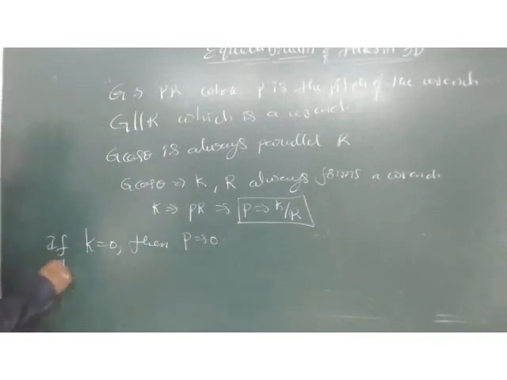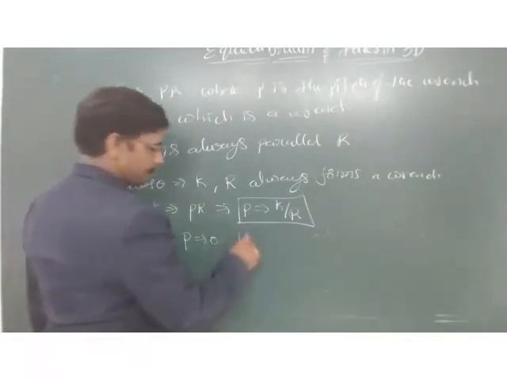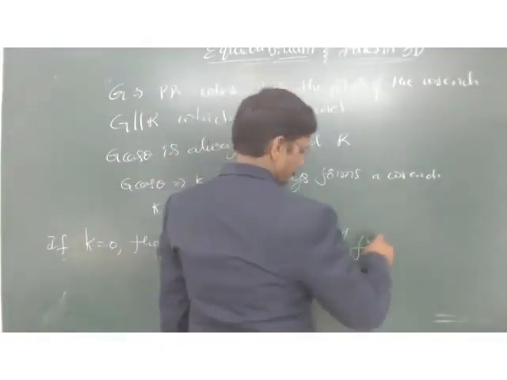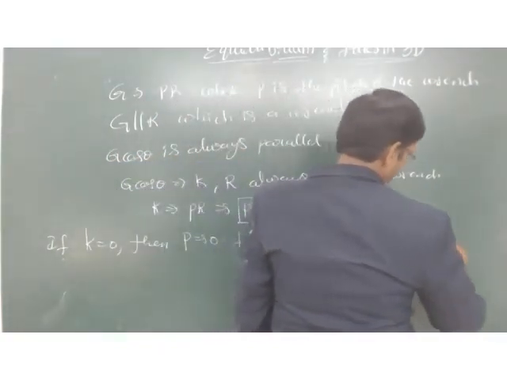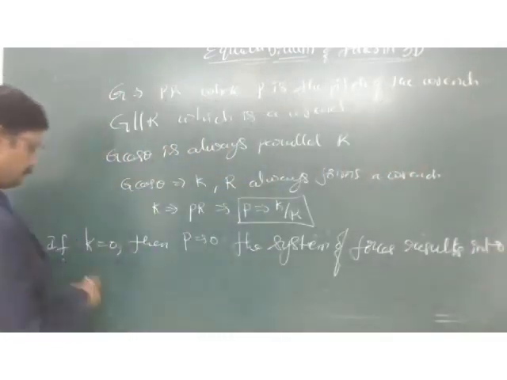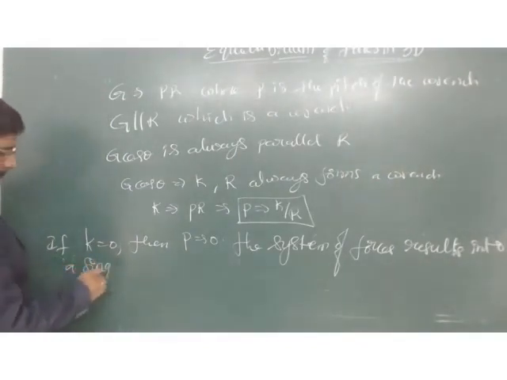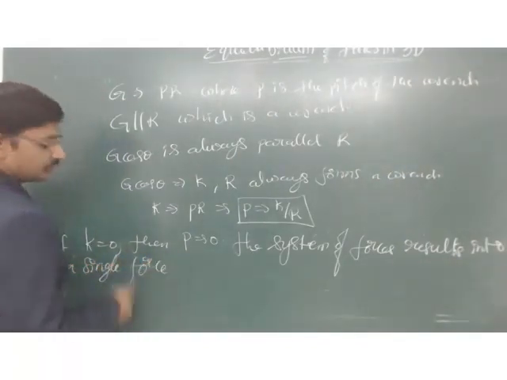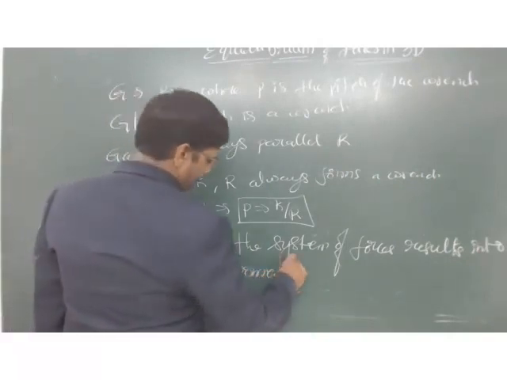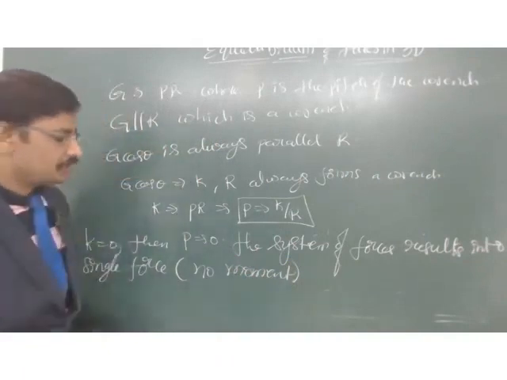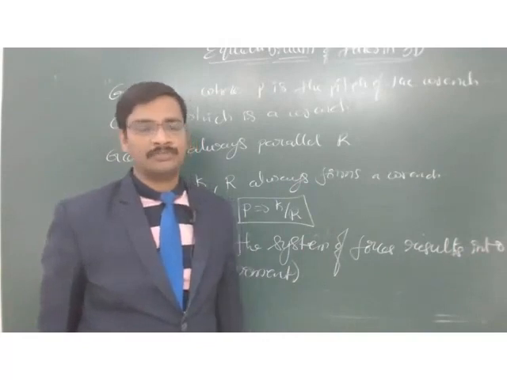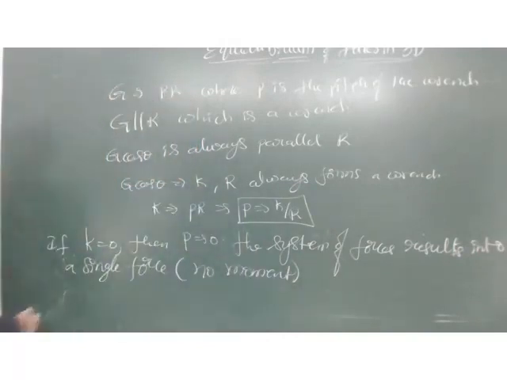So the system of forces results into a single force, which essentially means no moment. It results into a single force, which essentially means that it will have a direct effect of linear motion on the body.